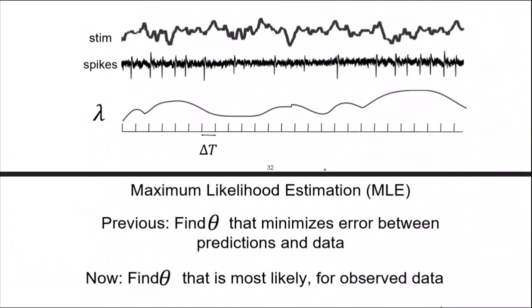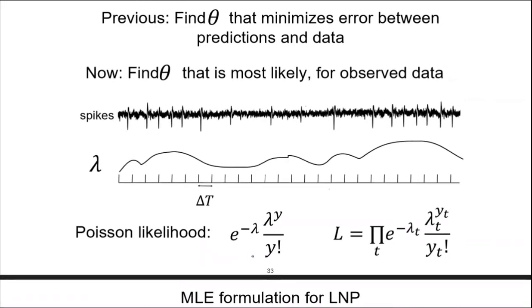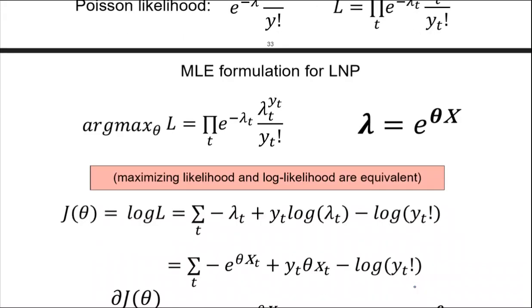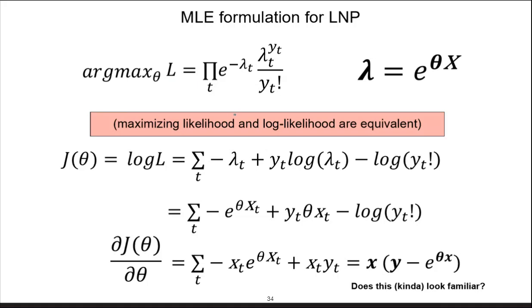And that's why we went back to the LNP model, and once you do the math, you get these. We have this argument, and from here we can get this J. We're going to put log over here, and then log cancels out this e, so we have only this here.